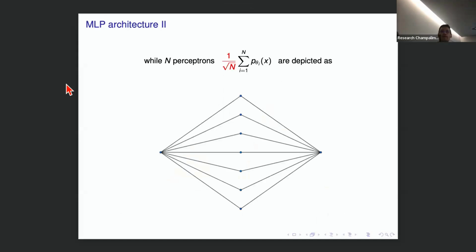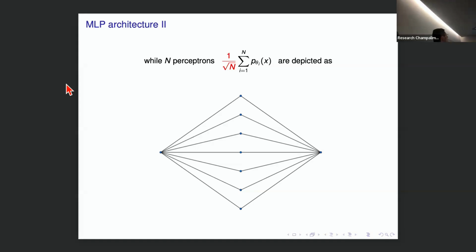And if you want to have n perceptrons, we usually depict them like that. So they eat an input. Here I'm always thinking about just real valued inputs and real valued outputs, just for simplicity. And then you have n perceptrons, and you sum them up to give you an output. But if you are interested in increasing the number of perceptrons, then you should divide by some quantity, or these will diverge.